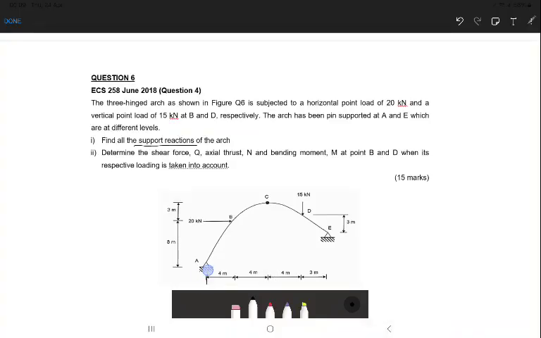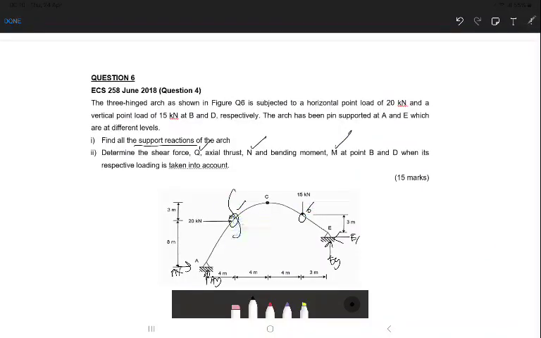So you need to find AY, AX, EY, EX. Okay, and determine shear force and axial force N and bending moment at point B and point D. Alright, so you need to find Q, N and bending moment at point B and D.